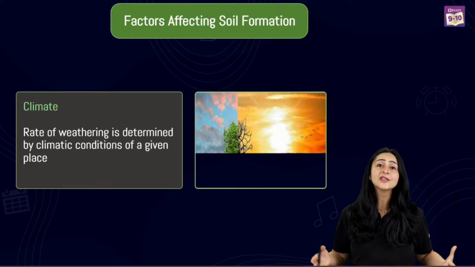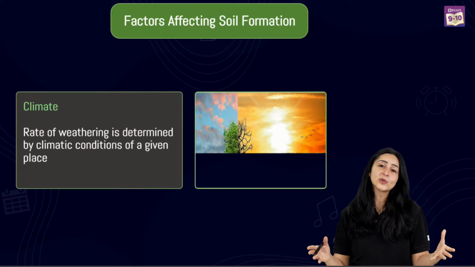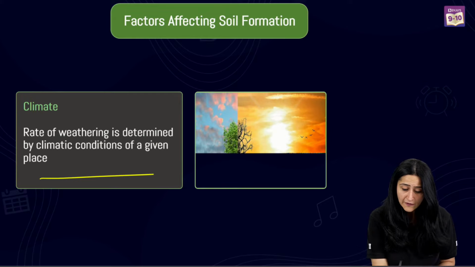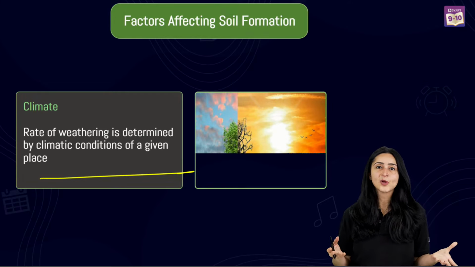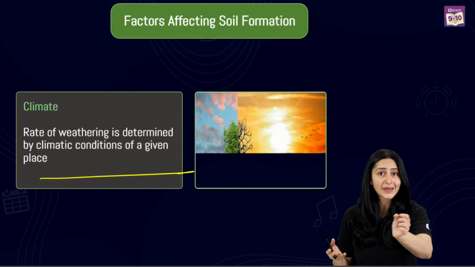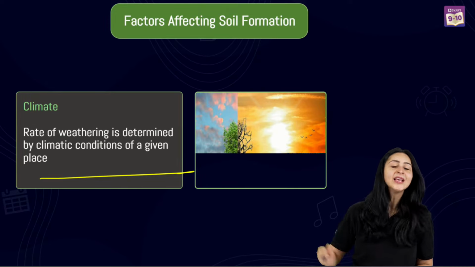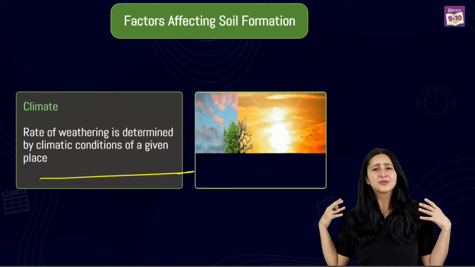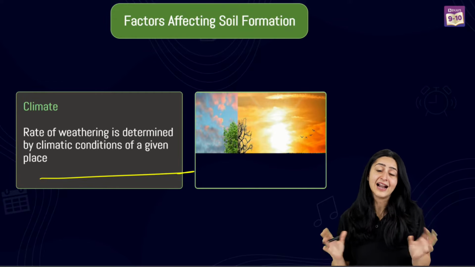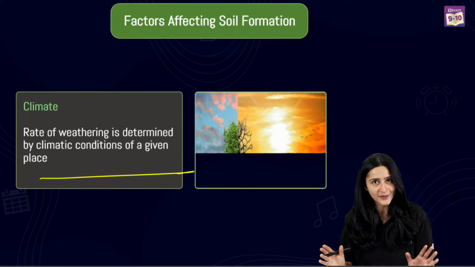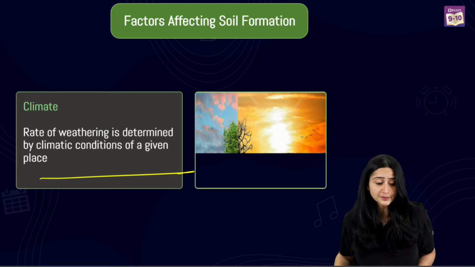So obviously the climate of a place will determine temperature changes, and therefore will be very important in terms of weathering of the rock material, which then makes the soil for us. So climate is factor number 2. It's all very logical. If we just apply our minds and understand how it happens, we will be able to understand the factors quite well.